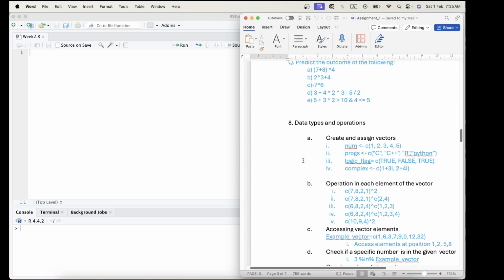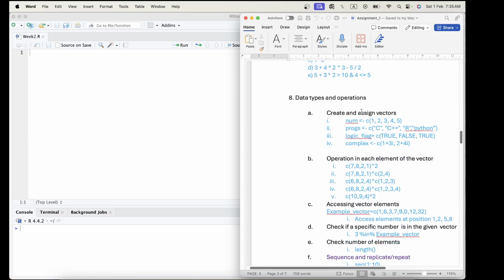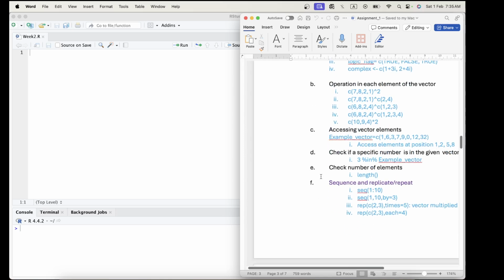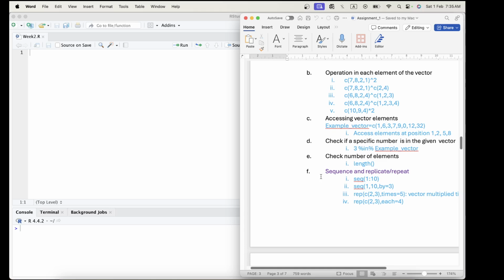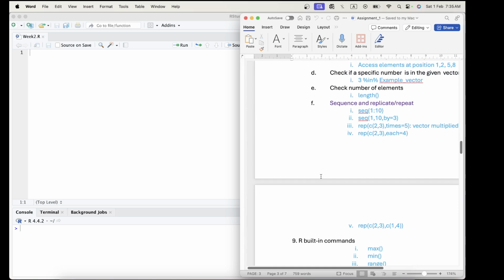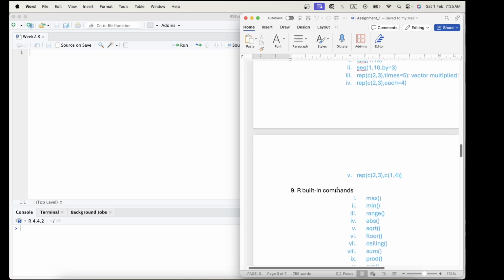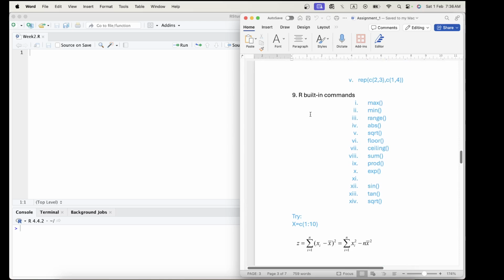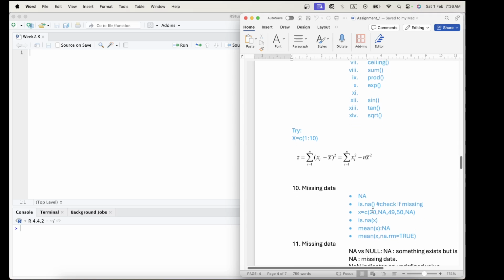We also looked at vectors and how to list and subset elements in a vector, how to perform operations on elements of a vector, and how to access elements and take a subset. Also, we learned how sequences and repeat elements work in R. We also navigated through some basic built-in commands that are really useful.